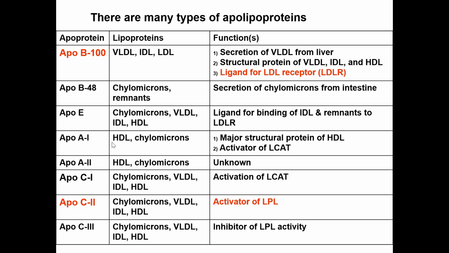There is also ApoA1, which is found on HDL and chylomicrons. It is the major structural protein of HDL, and it also serves as an activator of LCAT, lecithin cholesterol acyltransferase.